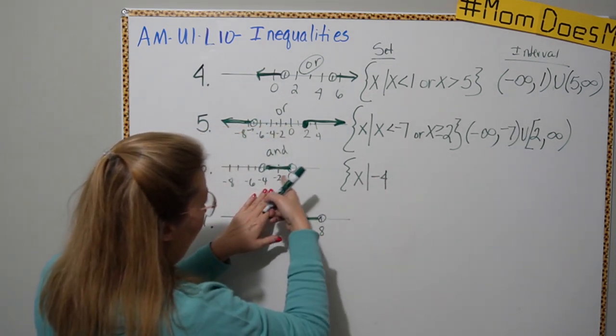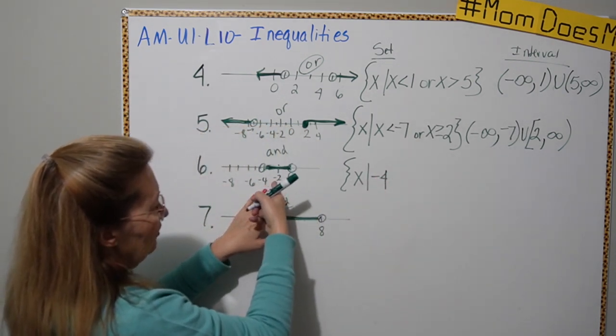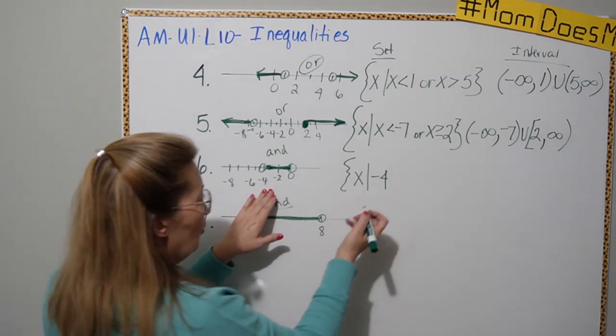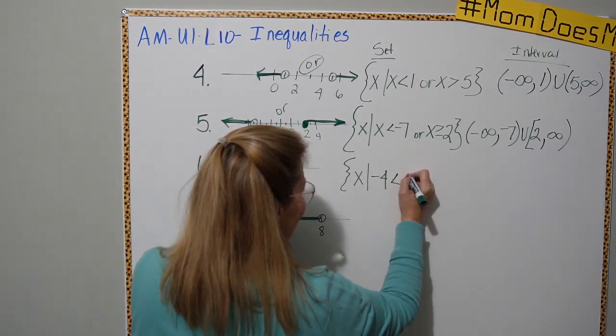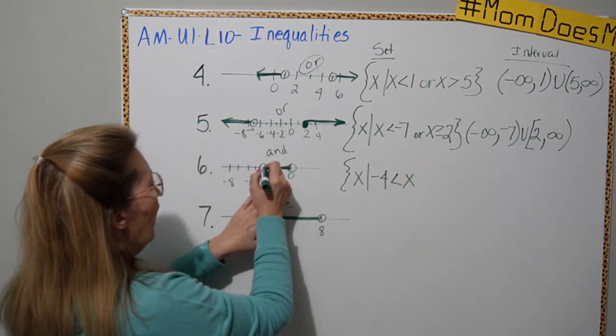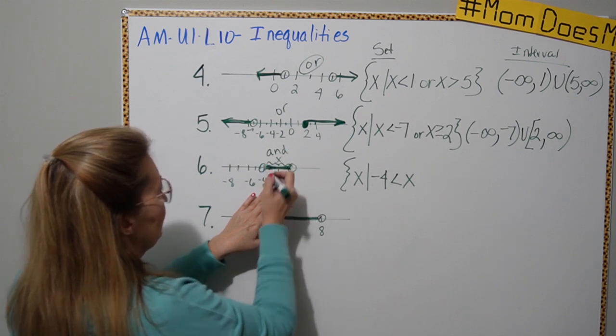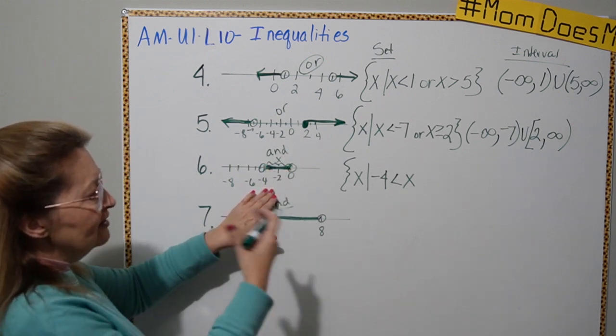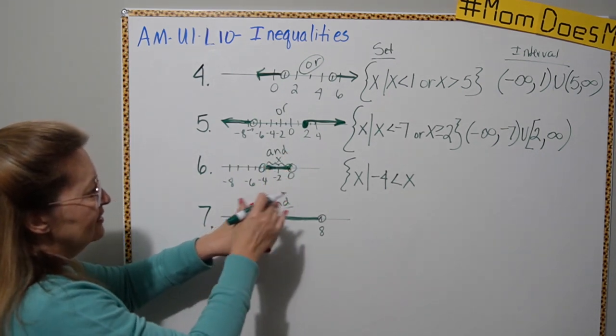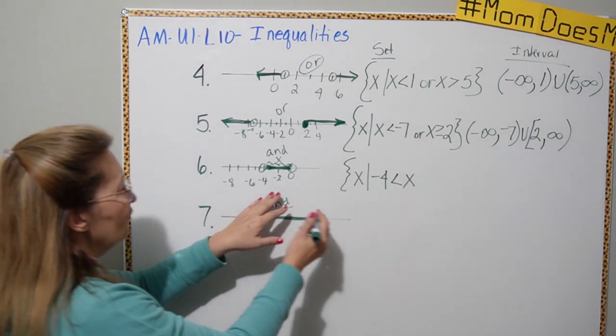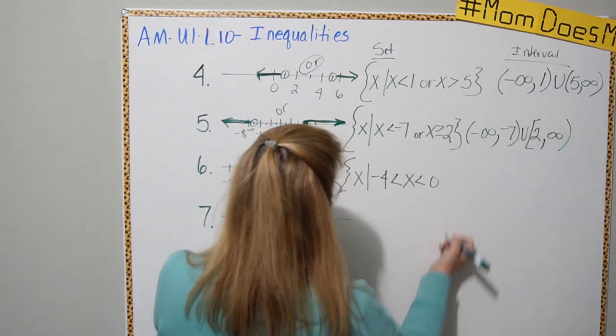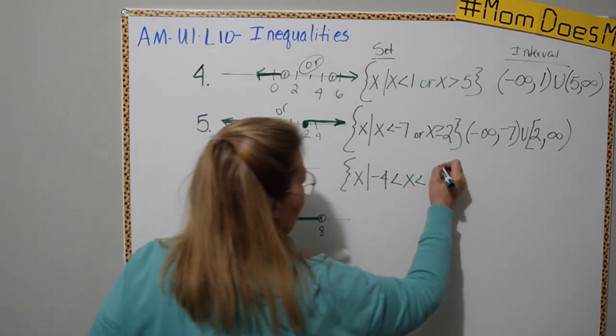And then all of the numbers in this line, what are they? Well, they're greater than -4, so that means -4 is less than x. All of these numbers here, these are your x's. So you're trying to describe the x's. All right, so x is in between -4 and 0, okay?